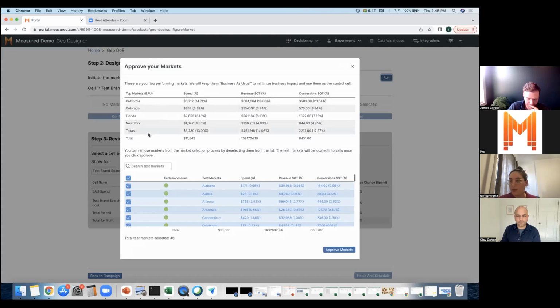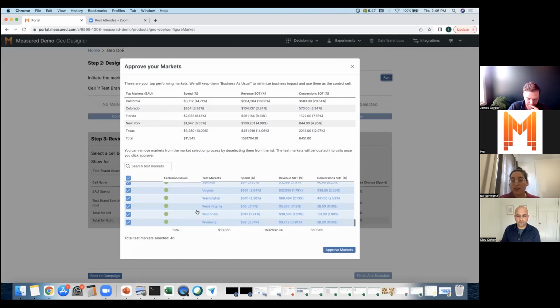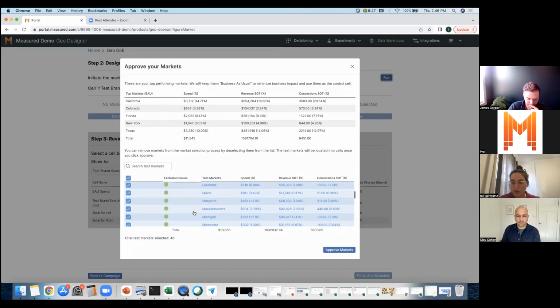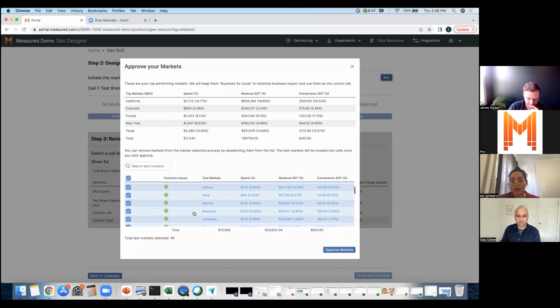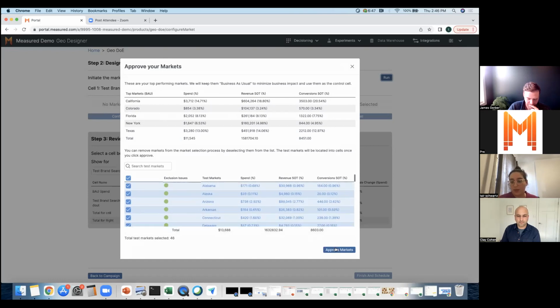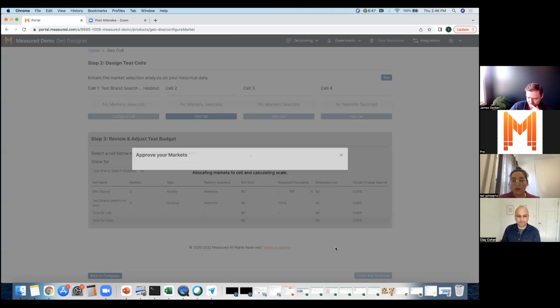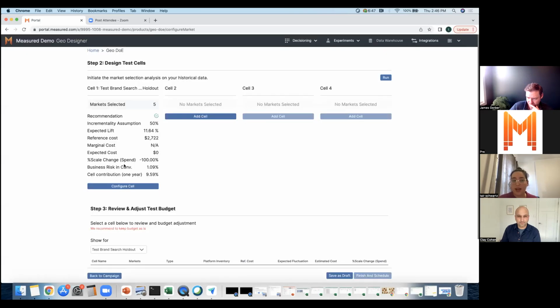These are going to be your top revenue generating markets. And this is a list of anything that's not a top market. It doesn't mean that all of these are going to be used. It's just a step to allow you to deselect a specific market if you don't want to use it. But it's always recommended to use all of them and allow the tool to pick the best ranked and highest correlated markets. So I'm just going to approve, and it's allocating the markets.